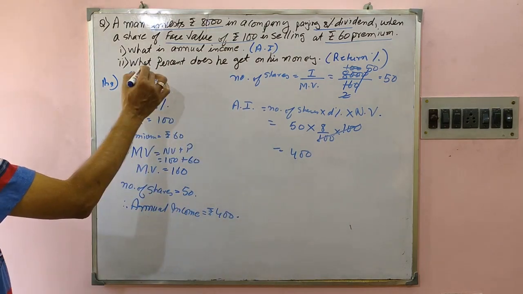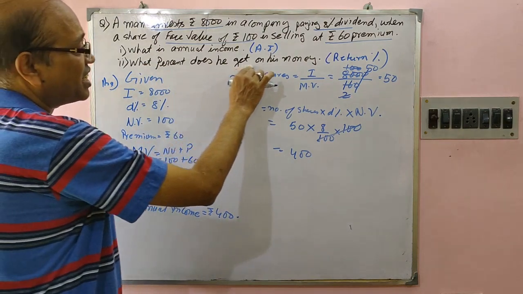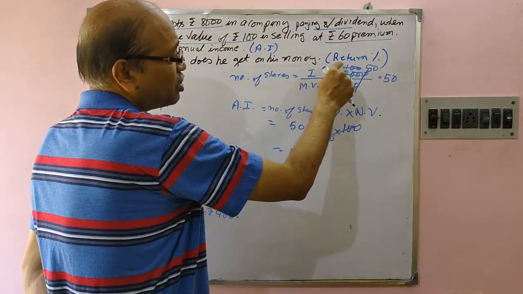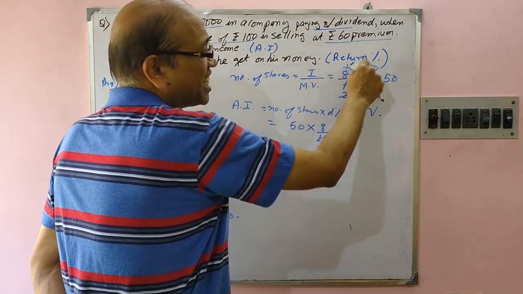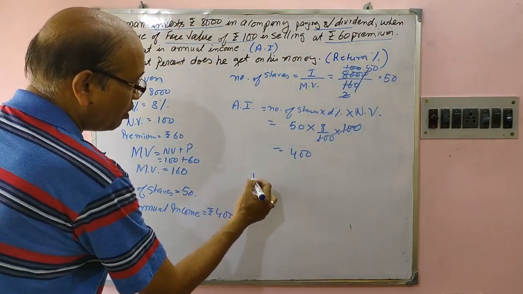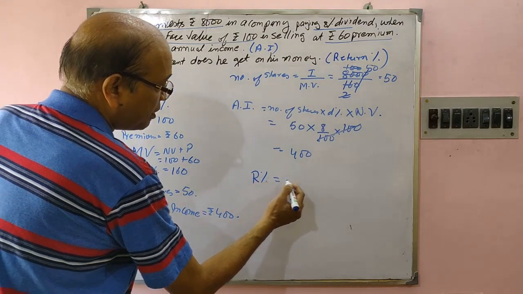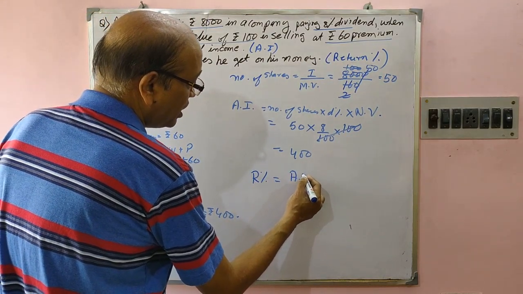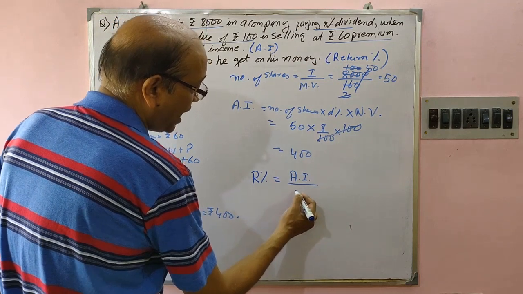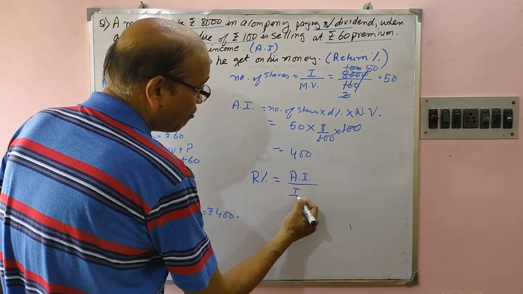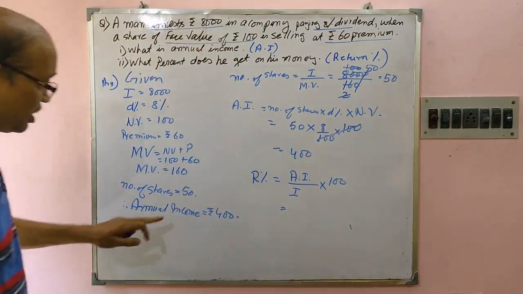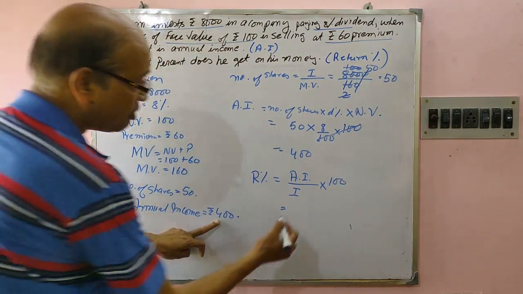Next, what we have to find, what percentage does he get on his money? What percentage does he get on his money means we have to find the return percent. Now, what is the formula for R percent? R percent is annual income or dividend by investment into 100. What was the annual income? 400.